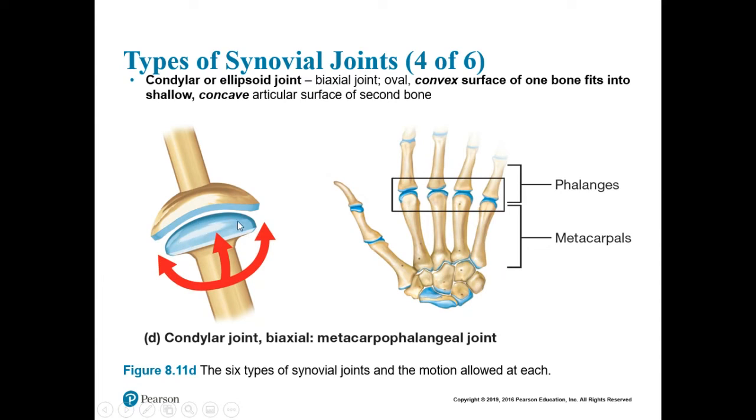A convex surface of one fits the concave surface of the other. Convex, concave, and again, that allows for the biaxial movement when it comes time to fan out the fingers, but also move the phalanges proximally, as if you were gripping something.